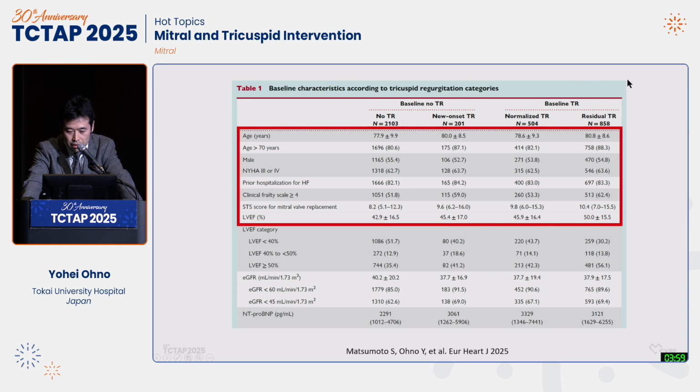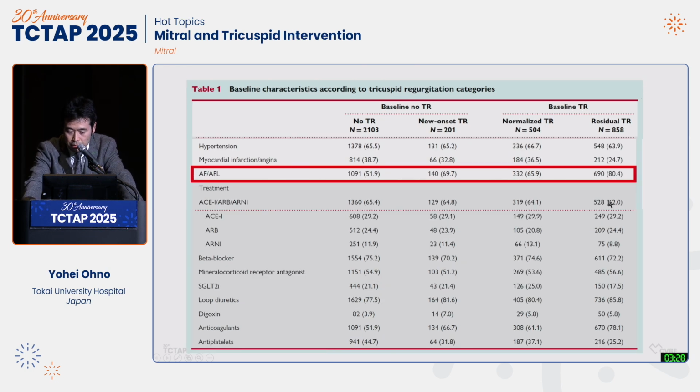As for the baseline characteristics, patients with residual TR were more likely to be of higher age. As for New York Heart Association heart failure status, there was no significant difference among the 4 groups. Patients in the residual TR group had a significantly higher LVEF, which suggested the etiology of the MR and TR in this population is mostly related to AFib.